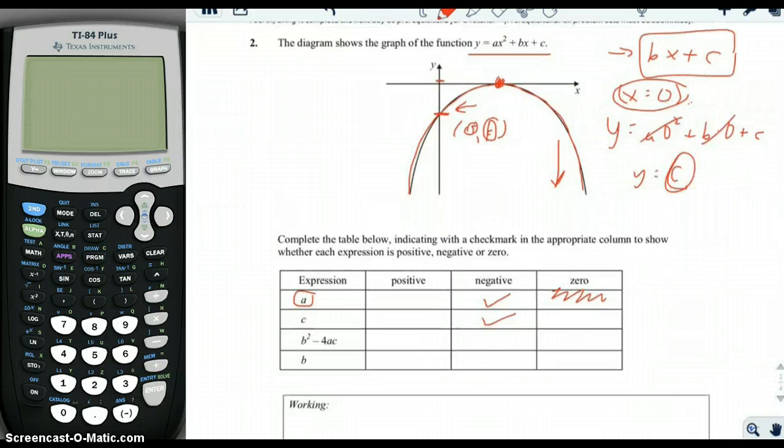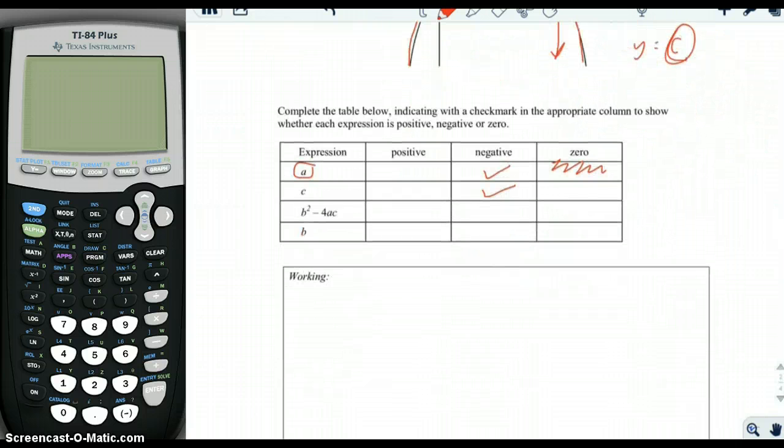That seems like a really weird expression, but remember what b squared minus 4ac is. B squared minus 4ac is the discriminant, which is the part of the quadratic equation that is inside the square root. Why is that special? Because inside the square root needs to be positive or 0 for you to get a valid square root, okay?